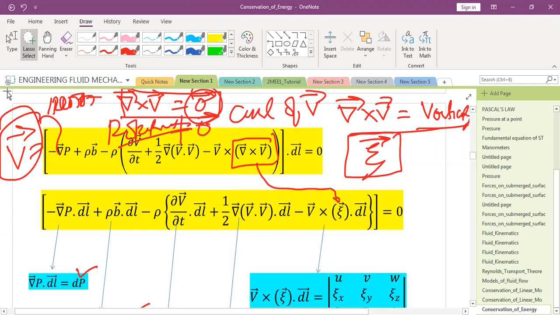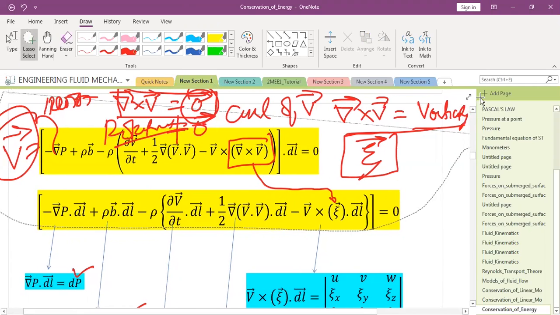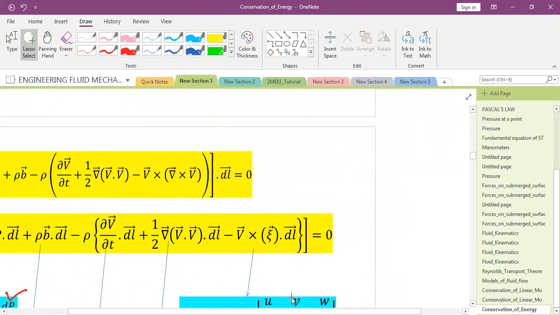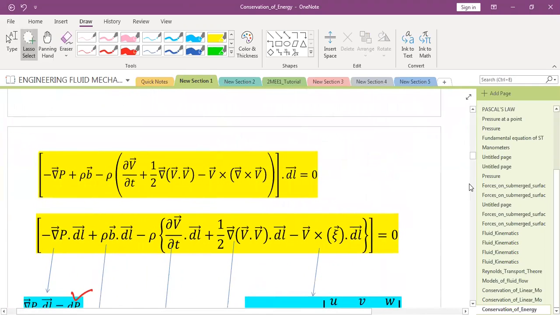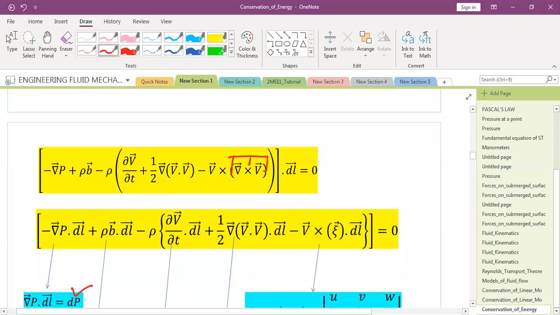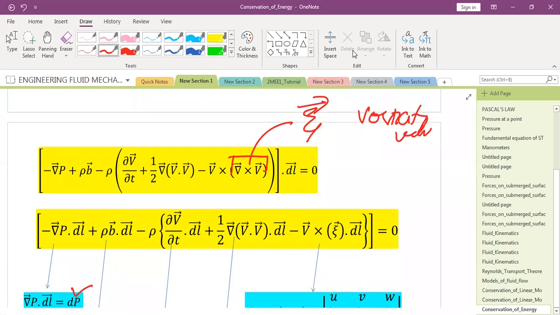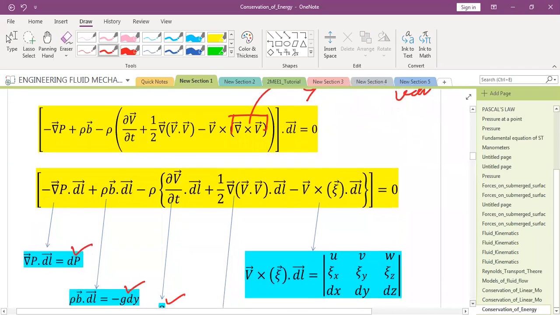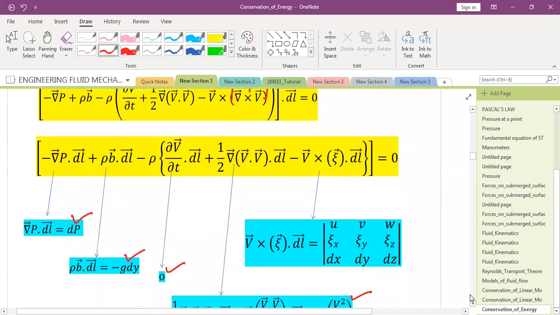We will come to its physical significance and physical interpretation as the course goes along. But as of today, it is sufficient to keep in mind that this del cross v is another vector that is called zeta, and this is representing the vorticity vector. Any doubts to anyone?